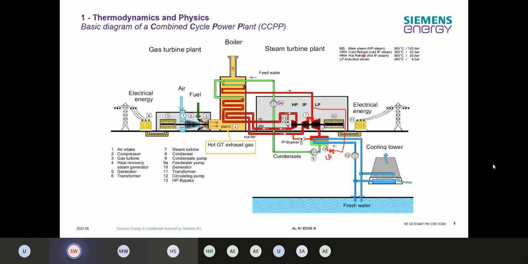We have then here the cold reheat line with 350 degrees and 32 bar. The hot reheat is 565 again, so going back with 350 degrees into the boiler, we're heating up the system again to 565 degrees and then bring it onto the IP turbine, and here the LP induction steam is around about 4 bar. So that's the general overview of the combined cycle plant.